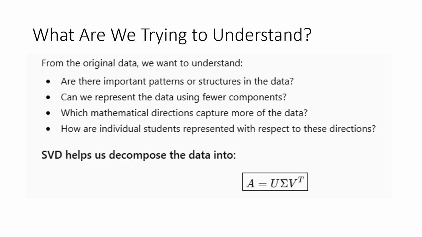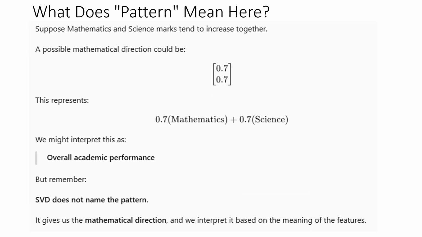So likewise, using this matrix, we are trying to identify whether any important patterns are there in this data. We may also want to know whether the data can be represented using fewer dimensions or fewer components without losing too much important information. So this is where SVD becomes useful.